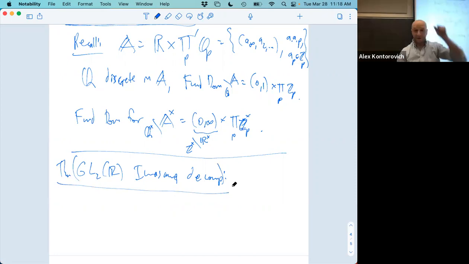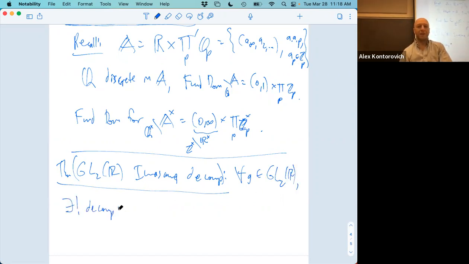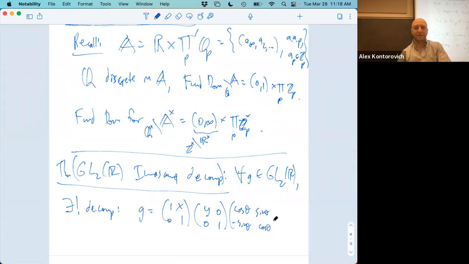For all g in GL2(R), there exists a unique decomposition of g as N A K times either plus or minus 1 and 1 times r, where y, r and y are positive.